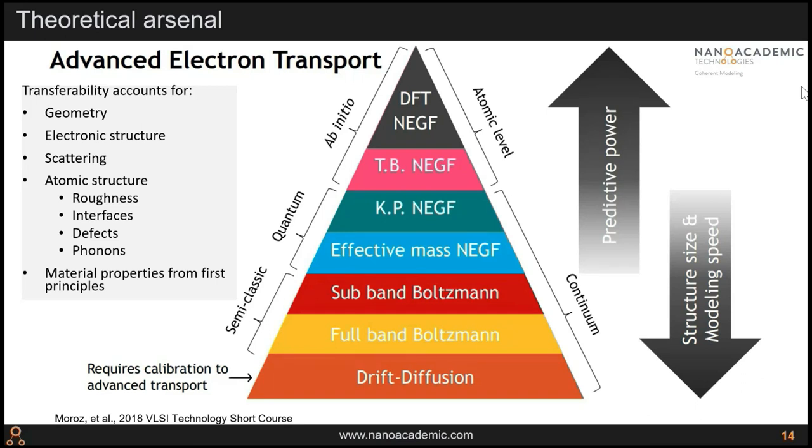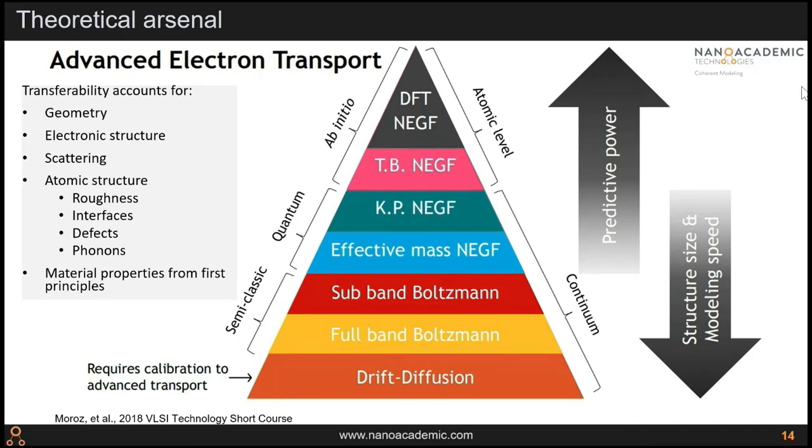So here, the base of the pyramid is large, basically showing that you can solve larger and larger devices. You could even see that as a log scale. And then on the vertical axis here, you could say that's predictive power or transferability, by which I mean the more you go up, the better you can account for device geometry, like all the materials, their electronic structure, interfaces.